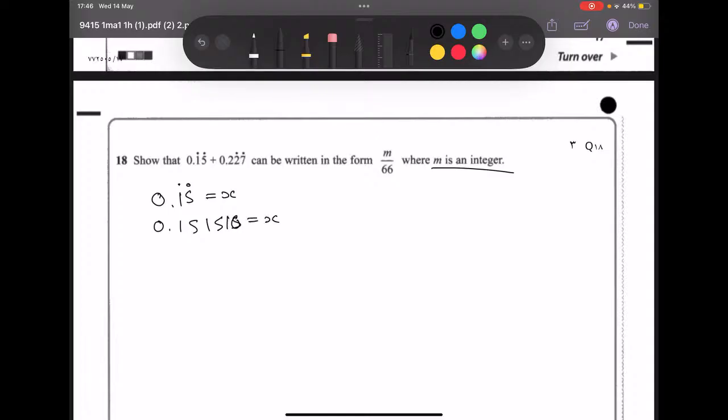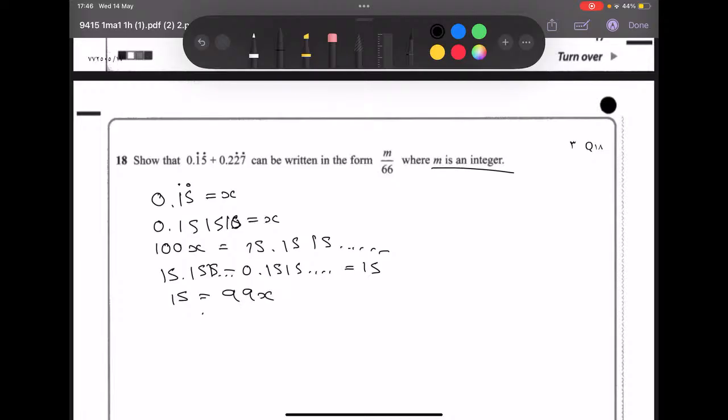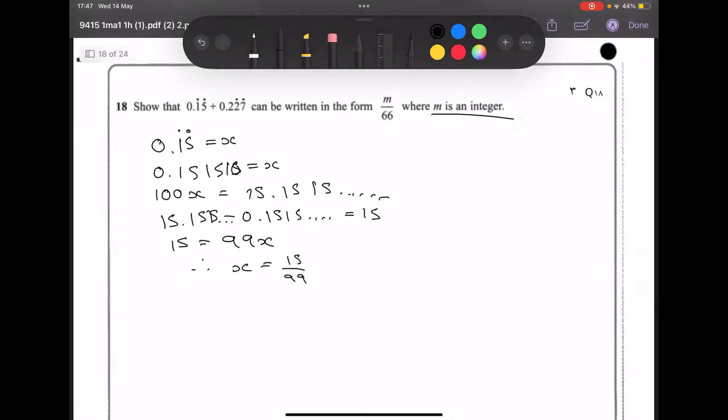As it has 2 recurring digits, we times this by 100. 100x equals 15.1515. Therefore, 15.1515 subtract 0.1515 equals 15. 15 equals 100x subtract x, which is 99x. Therefore, x equals 15 over 99.